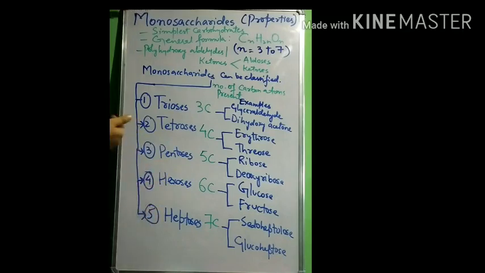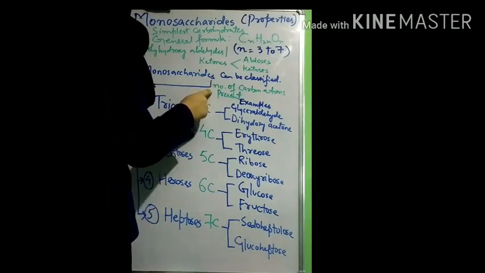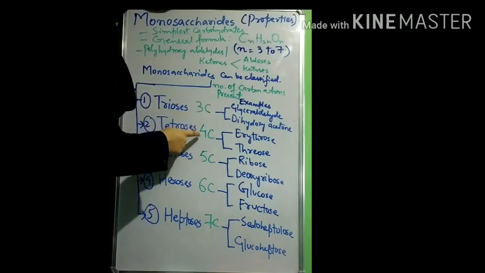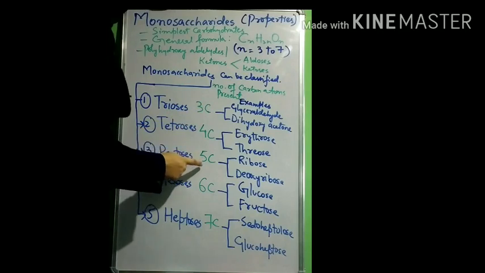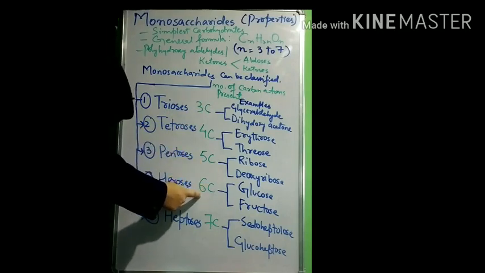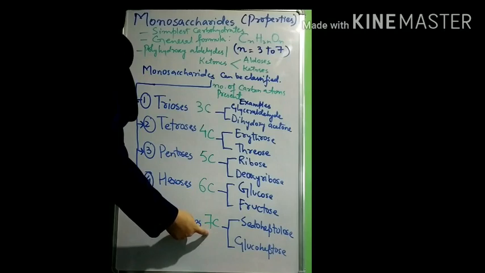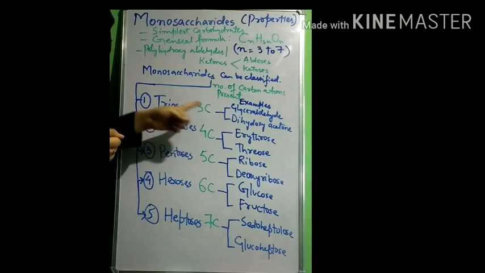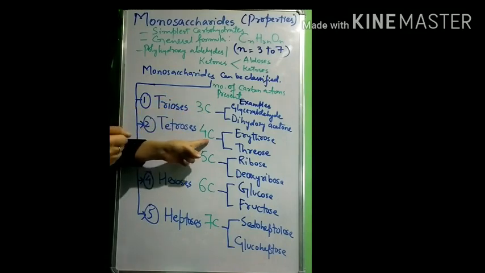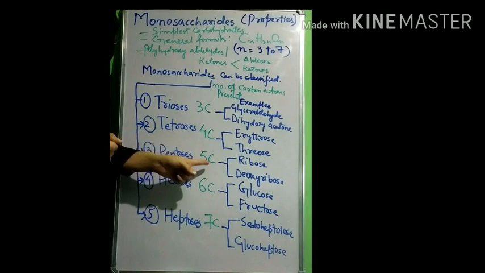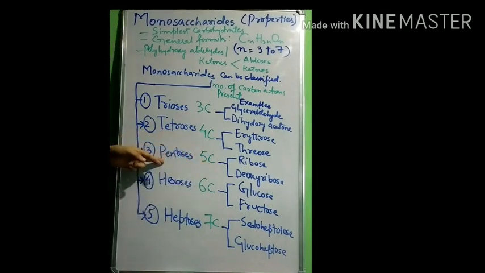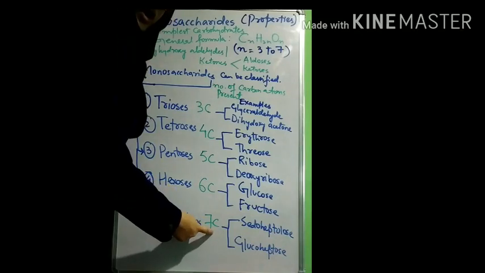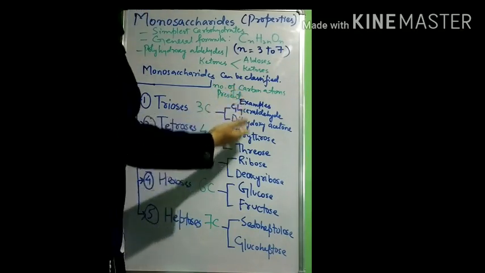These classes differ in their number of carbon atoms: 3, 4, 5, 6 or 7. Accordingly you have the names. A 3 carbon monosaccharide is called triose, 4 carbon is tetrose, 5 carbon is pentose, 6 carbon is hexose, and 7 carbon is heptose, and I have given you some examples.